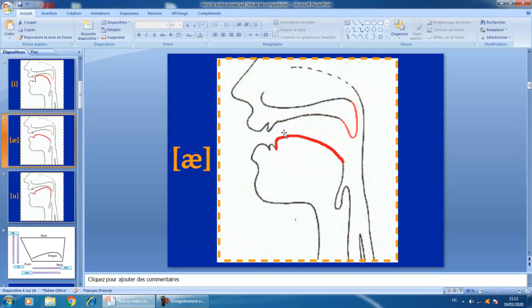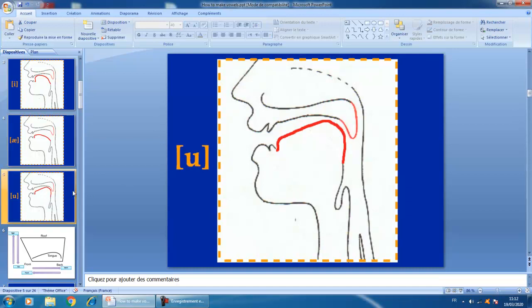So when a vowel is being produced by raising our tongue, we say that it is high. But when a vowel is being produced by lowering our tongue, that vowel is called open. Now let's have a look at another kind of vowel, U. If you produce U in the right way, you're going to notice that it's the back of your tongue which is raised.